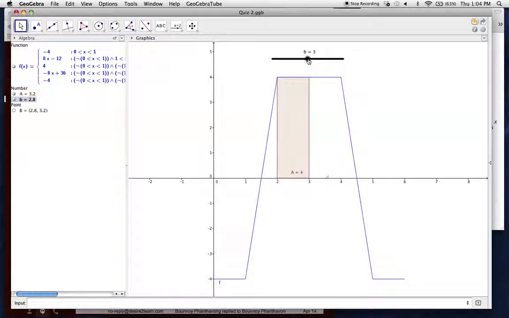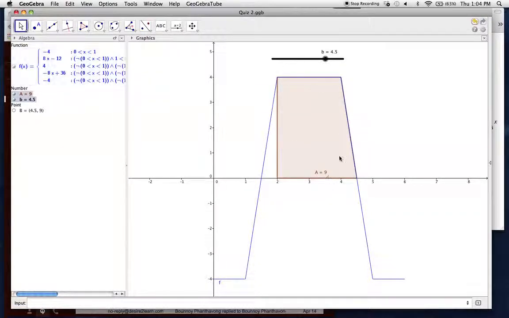And this is the way that in my head, I don't need a GeoGebra applet to visualize what's going on. But I see that as b increases, for an x value of 3, we've accumulated an area of 4, and that area grows and grows all the way until x equals 4.5. This is the biggest amount that we can get.